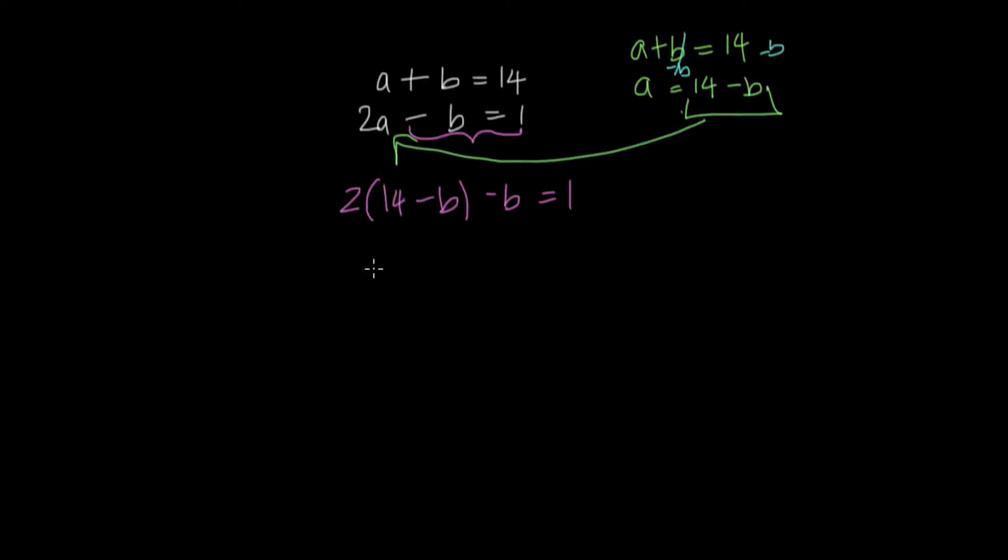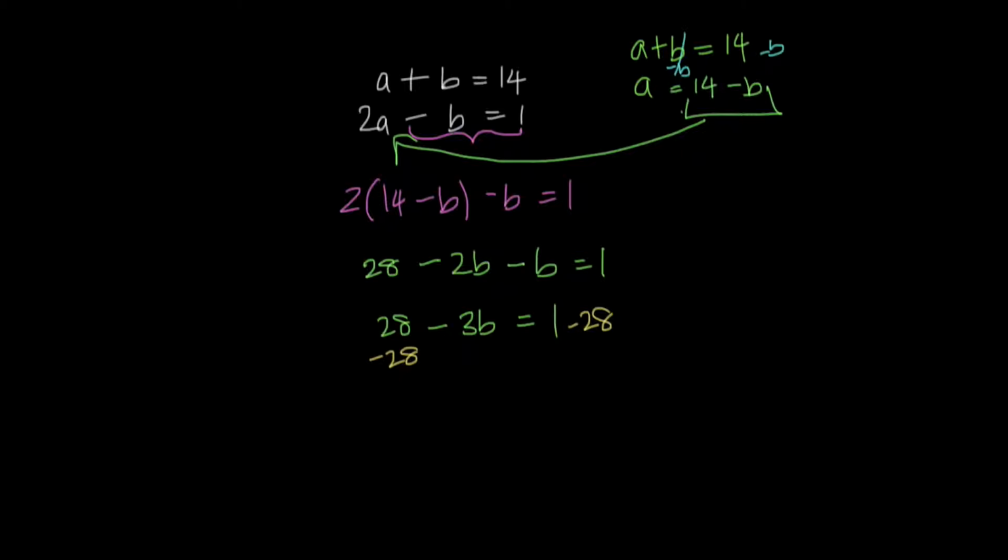So 14 times 2 is 28 minus 2b, and open brackets minus b equals 1. 28 minus 3b equals 1. So I'm just adding like terms here. Minus 2b minus b gives me minus 3b. Now I want to keep this variable term on this side. I want it to be alone. So I'm going to subtract 28 from both sides of the equation.